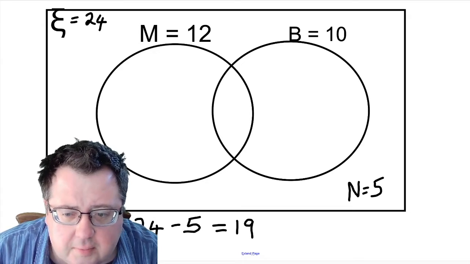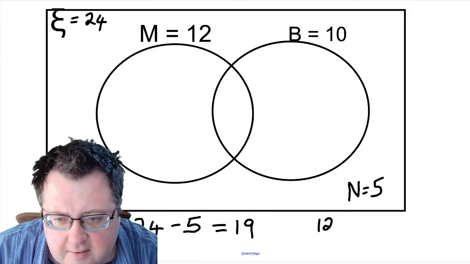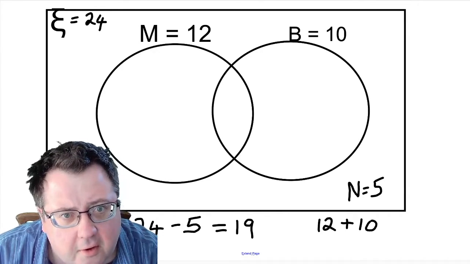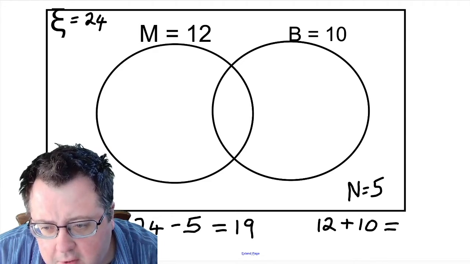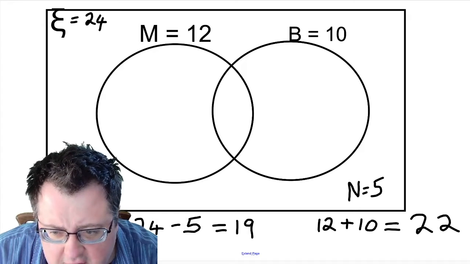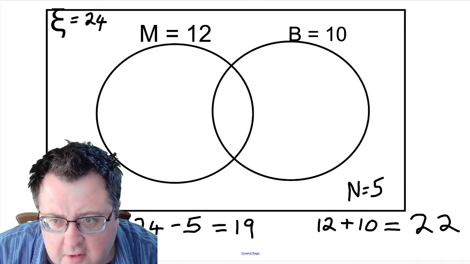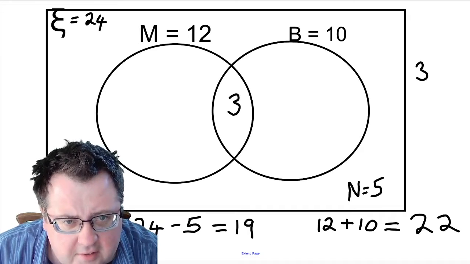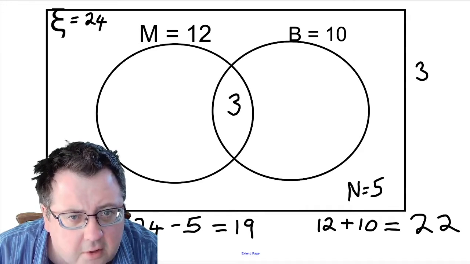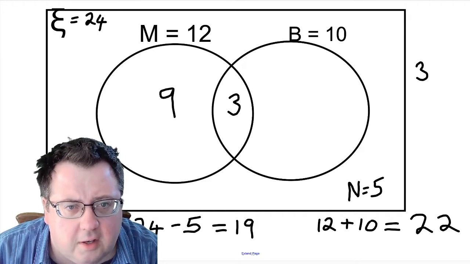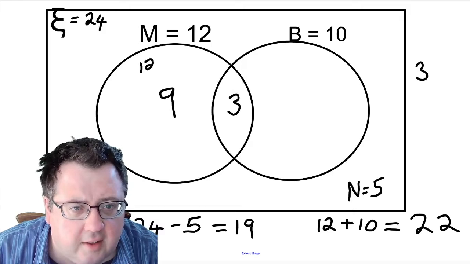But it is also going to be 12 plus 10, because that includes all of the people who do both math and biology twice. So the difference between 22 and 19 is 3, and that 3 will go in the middle here. Then you can see in the math circle that 3 plus 9 will make 12, or 12 minus 3 if you think of it like that.